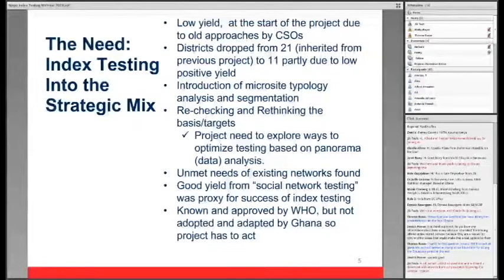That gave us some idea if the introduction of index testing was going to be successful. We had a situation where we do not have index testing as the national protocol, as it were. And so our introduction has been relatively noiseless, if you like, coming from the need at the level of the community actors who were exploring and looking for opportunity to increase yield.